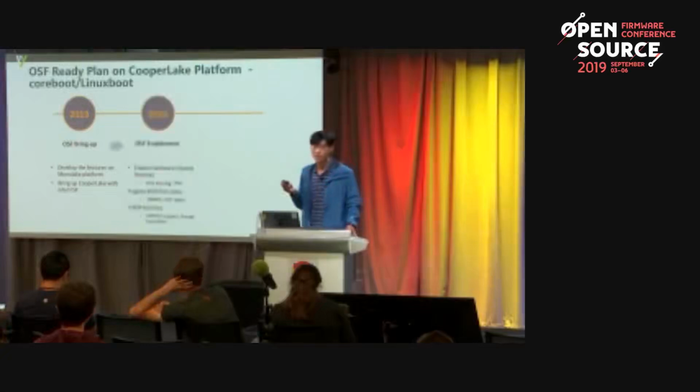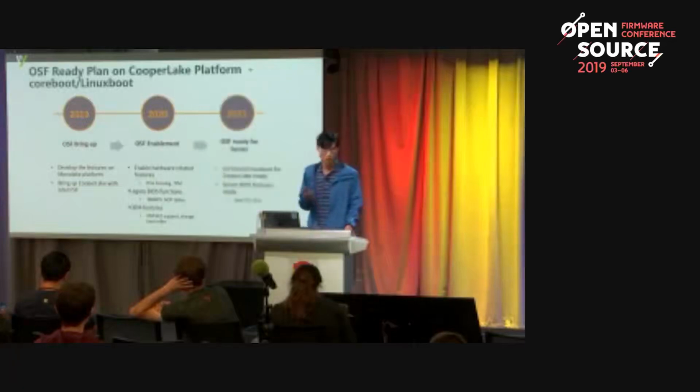In 2020, we would like to get these features ready, like hardware-related features, legacy BIOS functions, and OEM features. In 2021, we would like to get open system firmware ready for production.